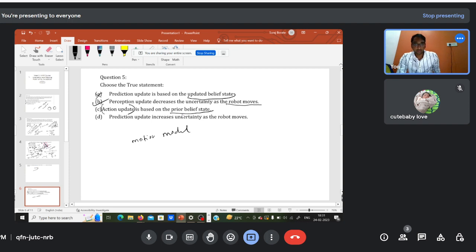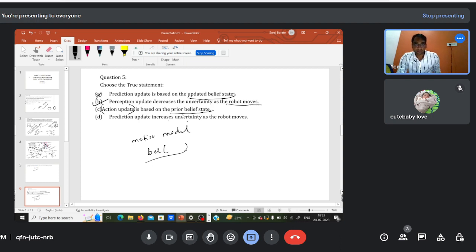Because when you are doing the motion action update, at that time you need the current belief of the robot. That we need. Prediction update increases the uncertainty as the robot moves.